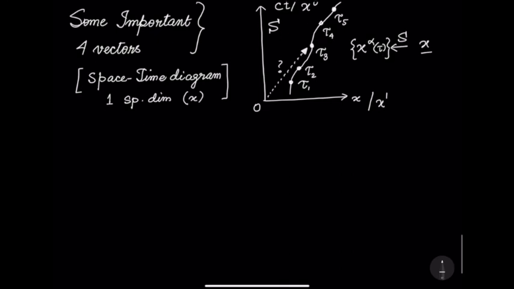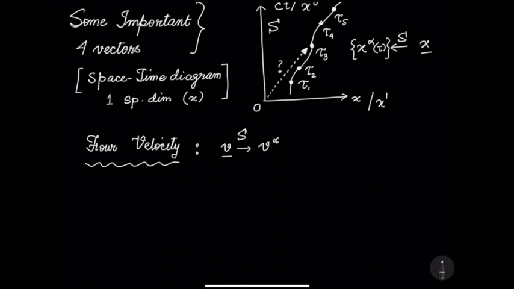So now I have x and I have tau. I can define one important 4 vector, the velocity 4 vector or the 4 velocity. Velocities are usually written with v, and so this is the velocity 4 vector written in the reference frame x, and this equals dx alpha by d tau.